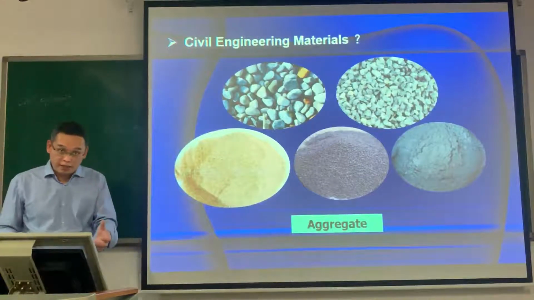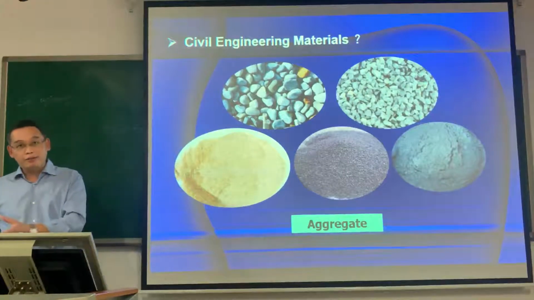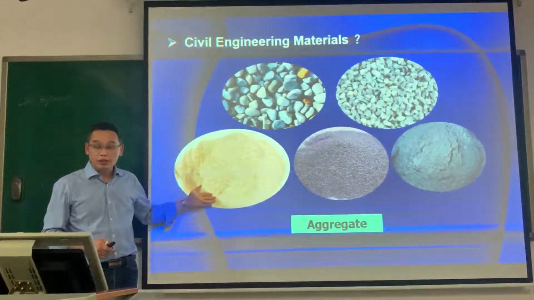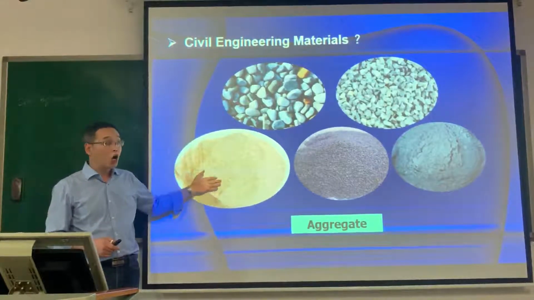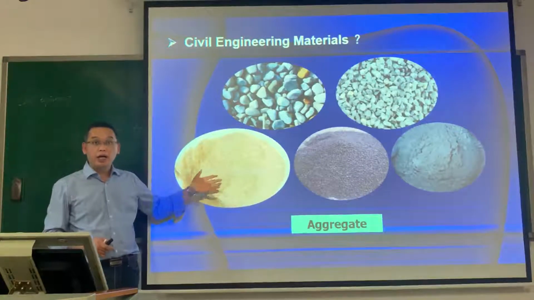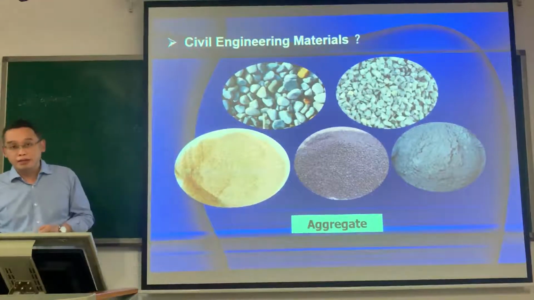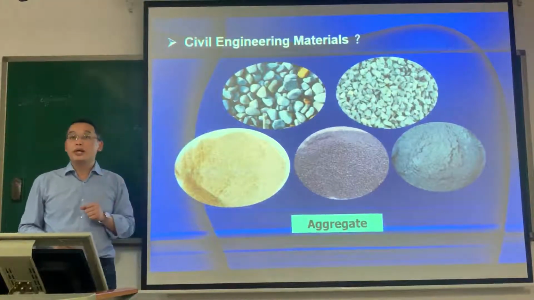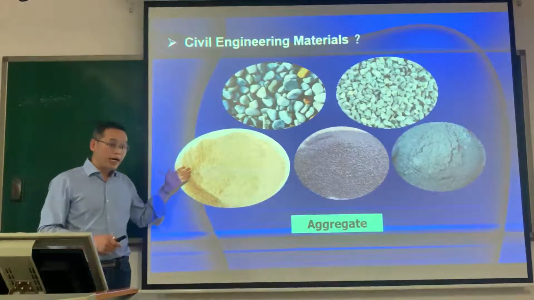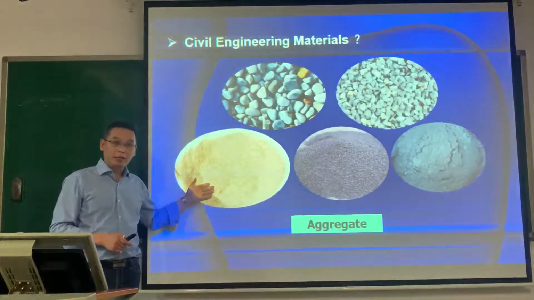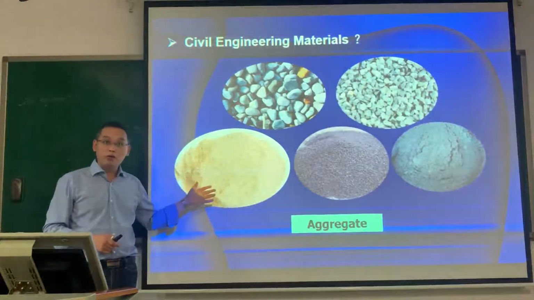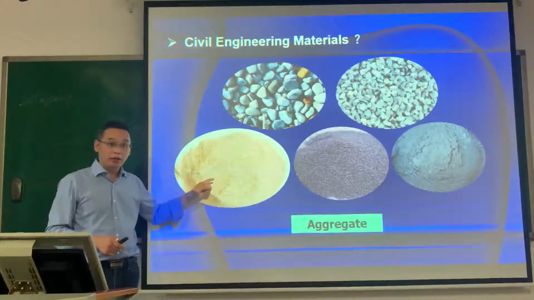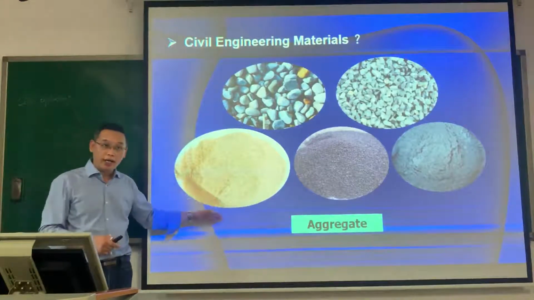In the cement concrete or in the asphalt concrete, the percentage or the dosage or the content of the aggregate is the biggest. Maybe in the cement concrete, 80 or 90% of the material is the aggregate. So the amount of the aggregate is the biggest.